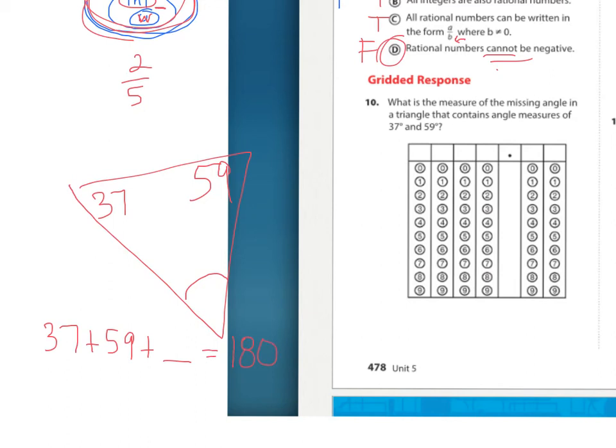So we have to find out what we have so far. 37 plus 59 is 96. 180 minus 96 is 84. You should have gotten 84. And I think I saw one person put 84 over here. You guys, that's 84 hundredths. That's not a whole number 84. So that should have been 84.